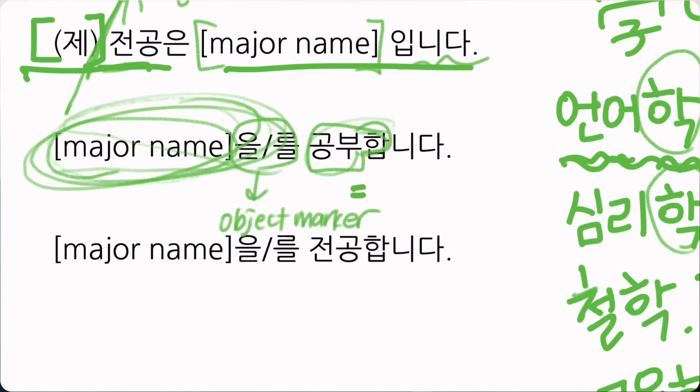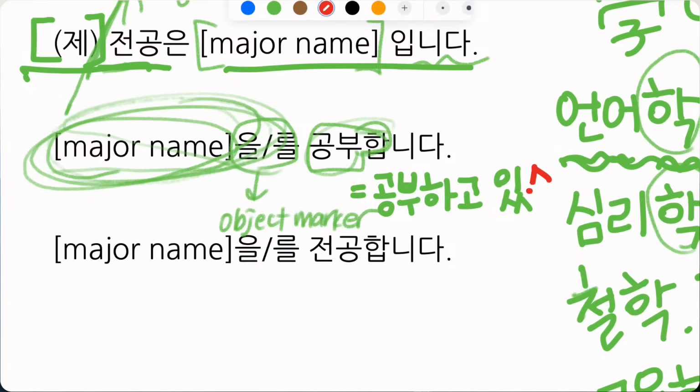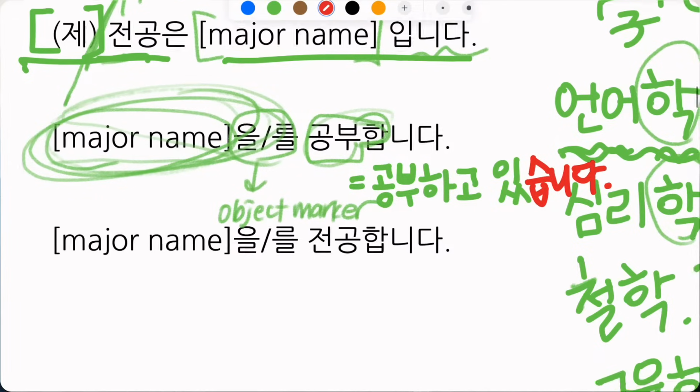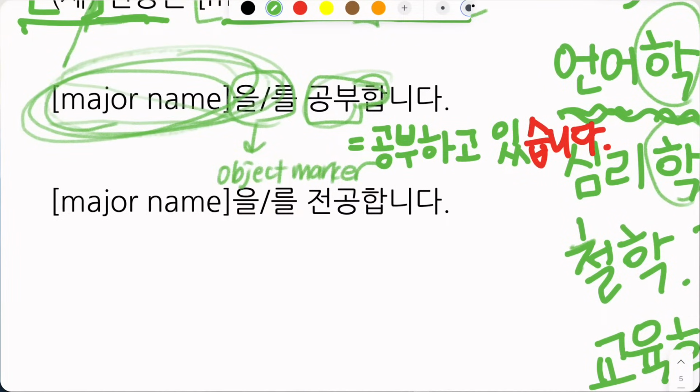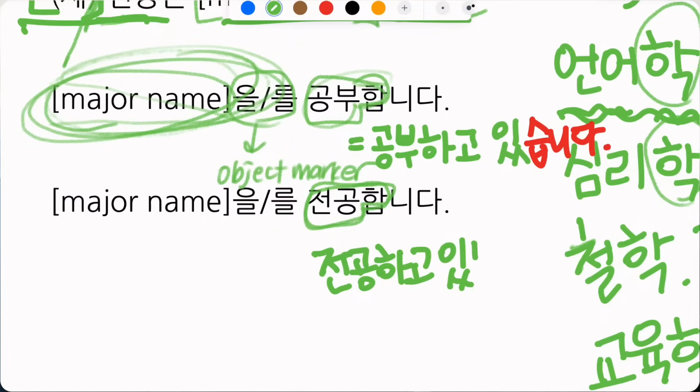Or you can also use it with present progressive and say 공부하고 있습니다. 그리고 마찬가지로 you can also use the verb 전공하다, which is a verb that means to major. 그래서 전공, you can also say 전공하고 있습니다. something을 전공하고 있습니다.